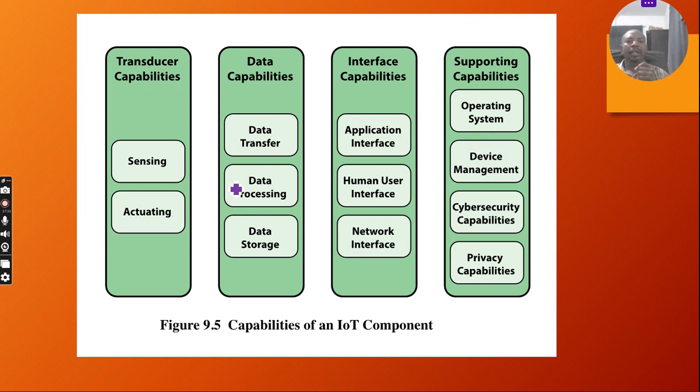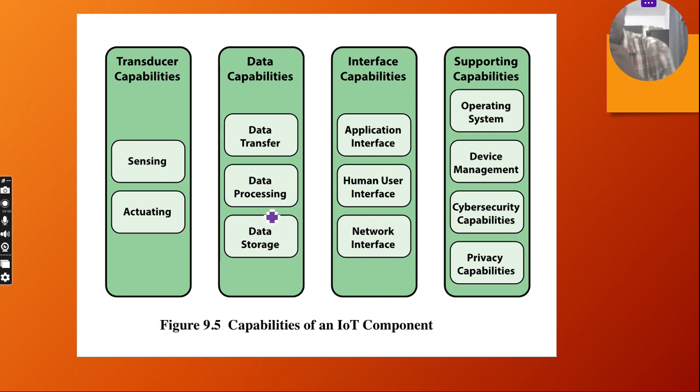So then the second part, when you're looking at the capabilities of the Internet of Things components, is the data capability. Here data can be transferred, data can be processed, and data can be stored.